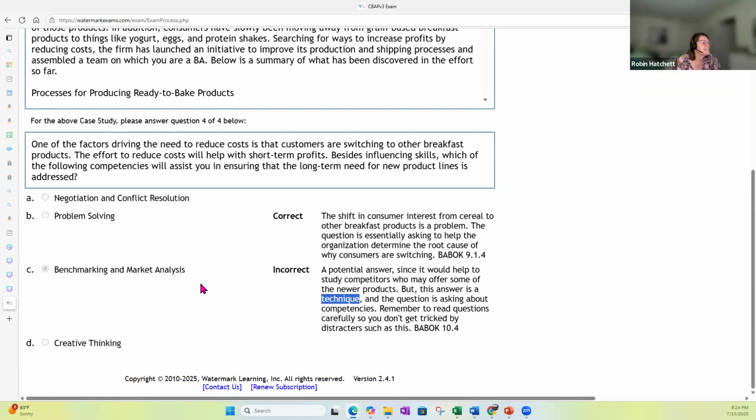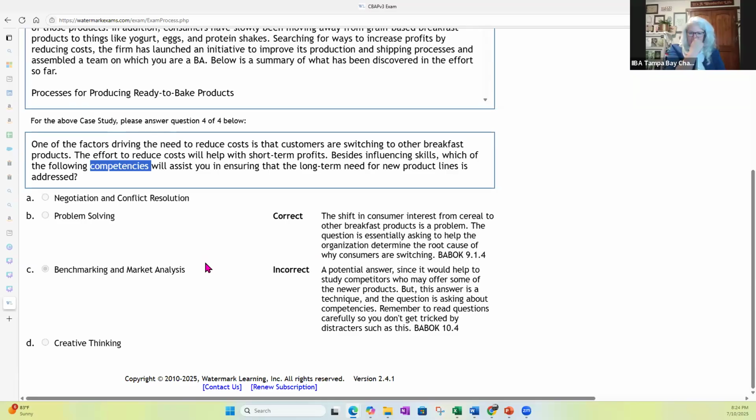Right, so that one's a technique. This is a technique and it was asking for competencies.